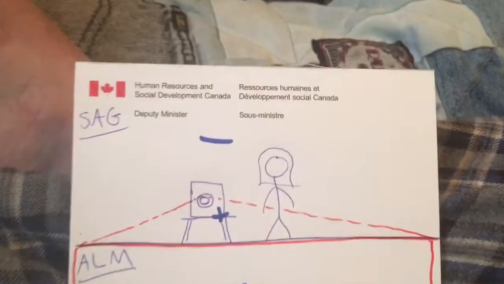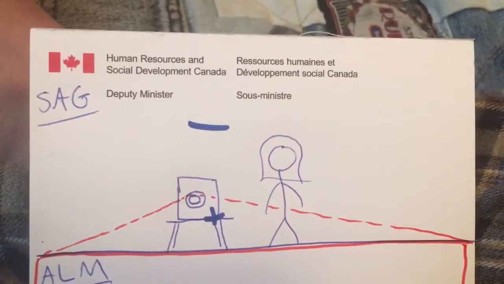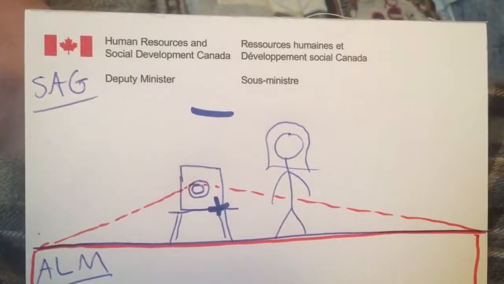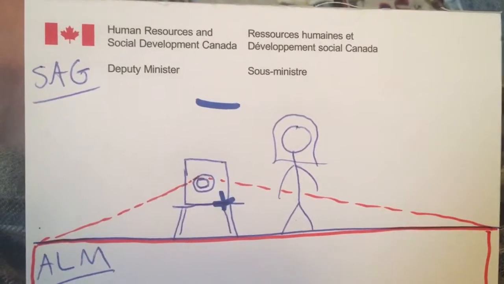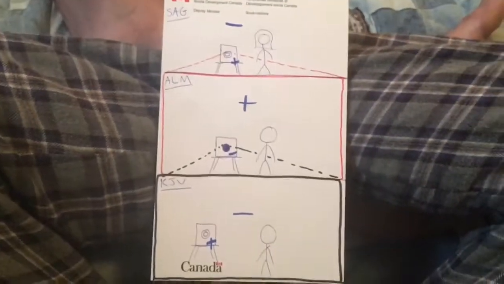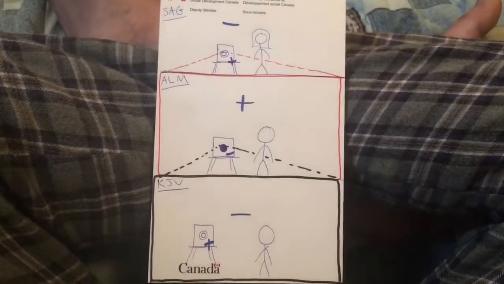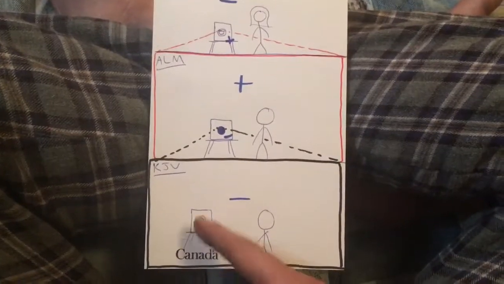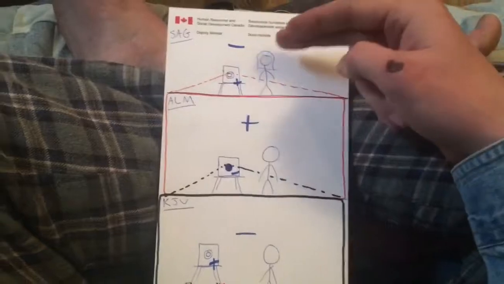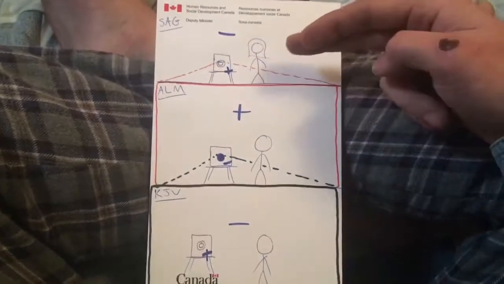You know, Human Resources and Social Development Canada, Deputy Minister. Whoever has that title right now should be shaking his head, or her head. That's what I think's going on, and I know how to make this based on observations from our time and sky, and we're at N+2 level of smartness now.